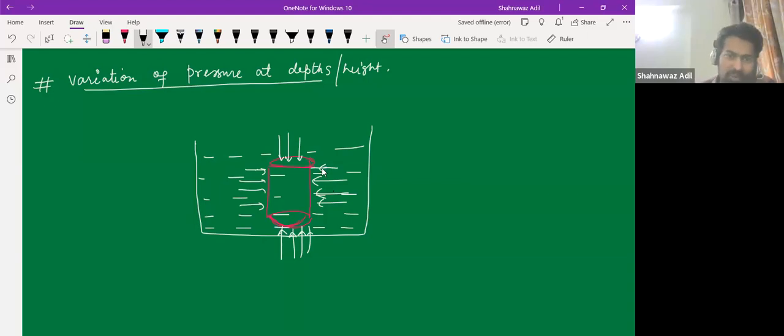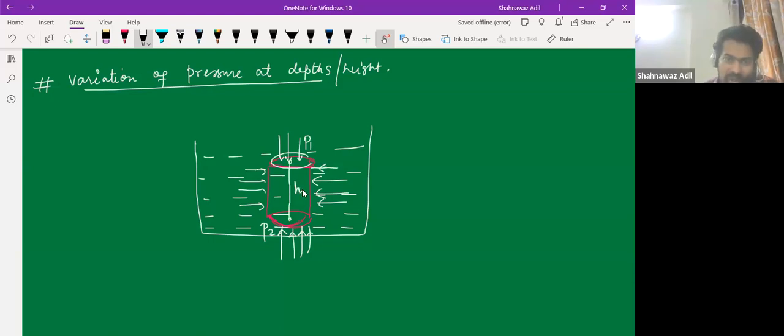So only the upper and lower pressures will be contributing. Let's say the lower pressure is P2 and the upper pressure is P1, and this thing is at equilibrium. Let's say the height of this thing is H.